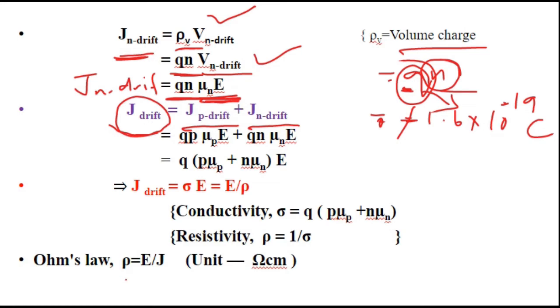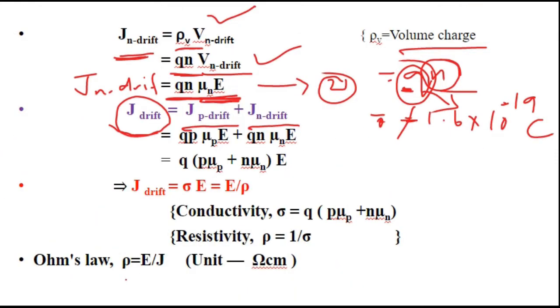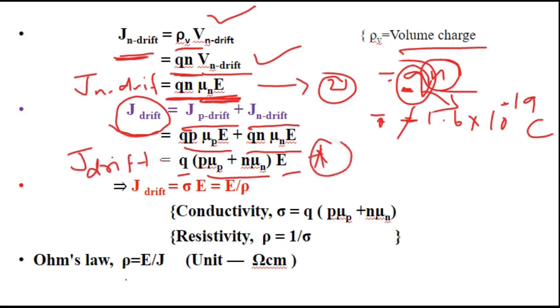Substituting the values of equation 1 and equation 2 in J drift, we get Qp times mu p into E plus Qn times mu n into E. Taking Q common in a simplified manner, that is Q times (P mu p plus N mu n) times E. This is the important formula which we'll be using in our problem section, so you have to remember this.